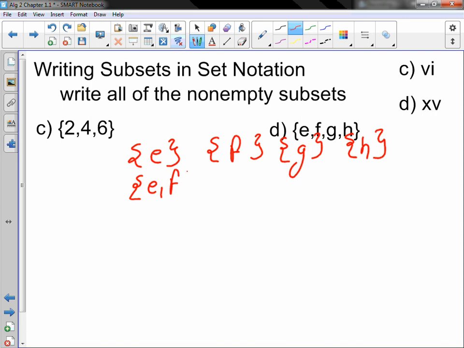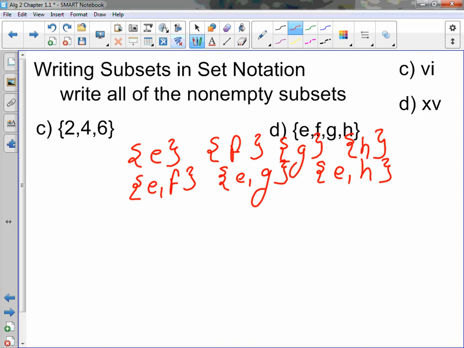I'm going to stick with E first, and then I stick with the first one. I always start with the right and move out. That way I keep them in order, so I know what I have. Because EFG, EF, EG, EH. We don't do FE because we already have it, but we have FG, yes?